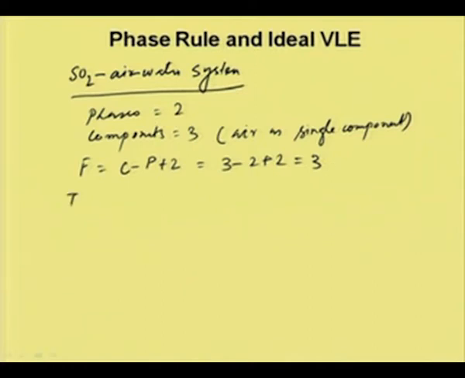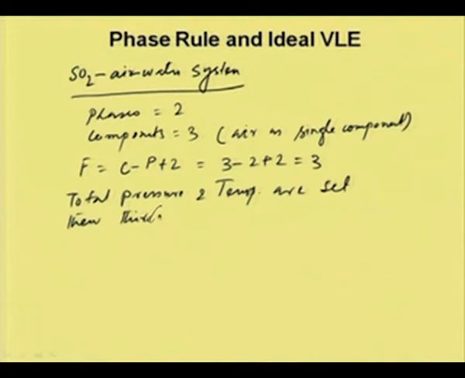If the total pressure and temperature are set, then the third variable, that is the concentration of sulfur dioxide, can be arbitrarily set.